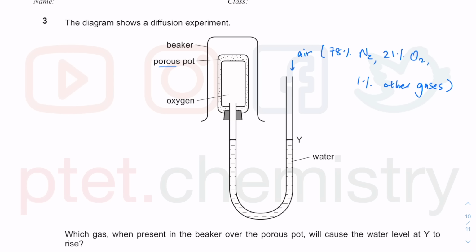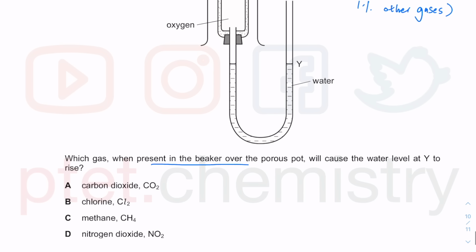Porous means the gaseous particles can go in and out because they have small holes. They are called pores, P-O-R-E-S. So the oxygen is inside, which means the oxygen can go in and out like that. But then we also have air outside here as well. Which gas, when present in the beaker over the porous pot, will cause the water level to rise?